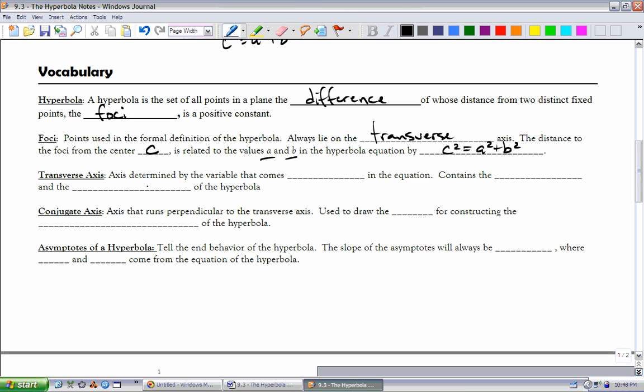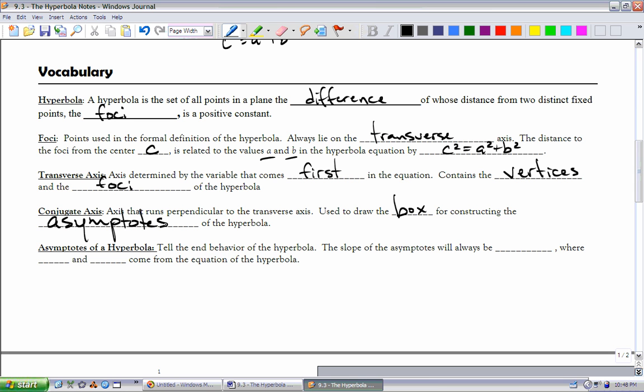Transverse axis is the axis determined by the variable that comes first in the equation. The transverse axis contains the vertices and the foci of the hyperbola. The conjugate axis is the axis that runs perpendicular to the transverse axis and is used to draw the box for constructing asymptotes.